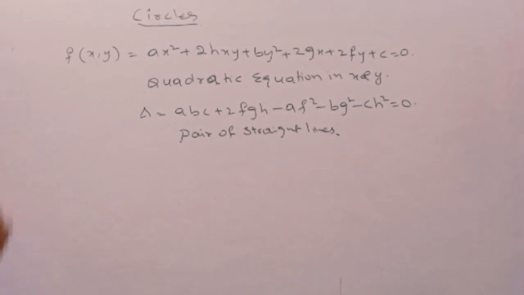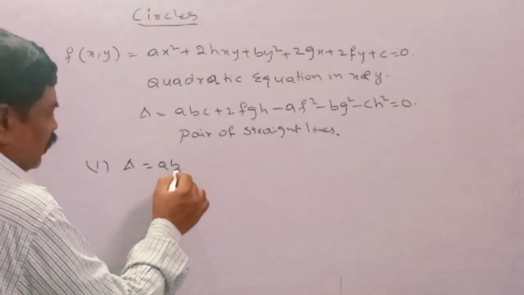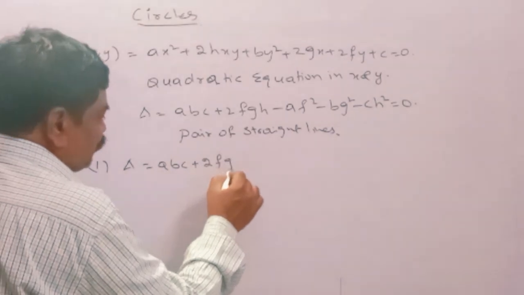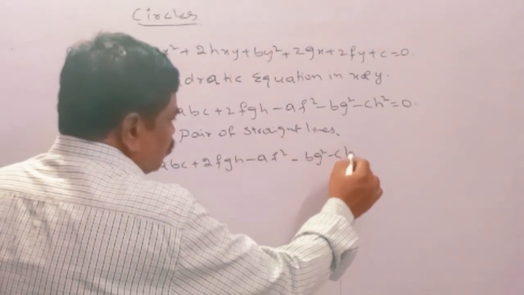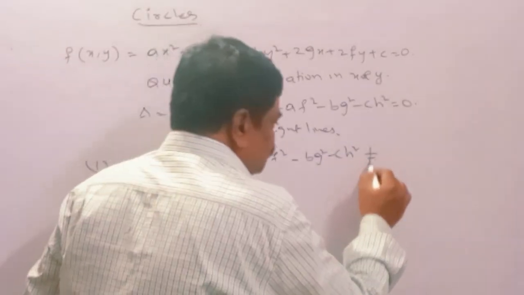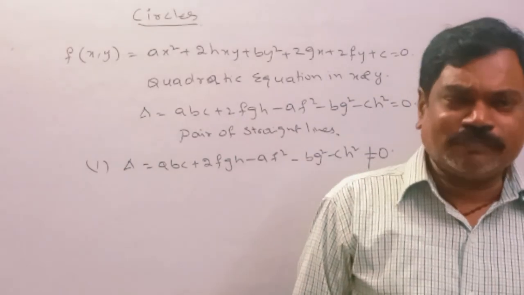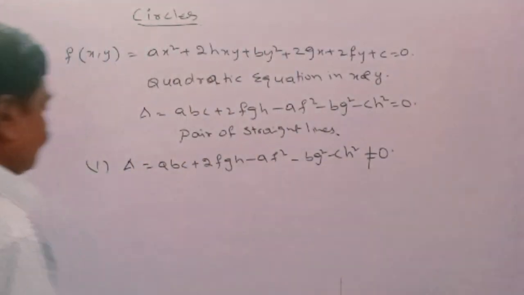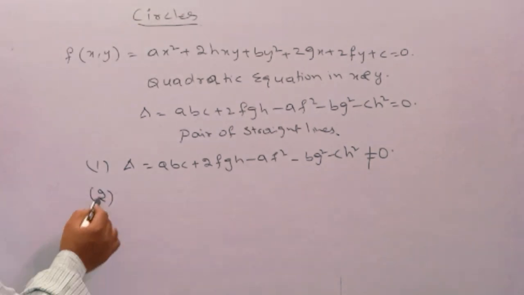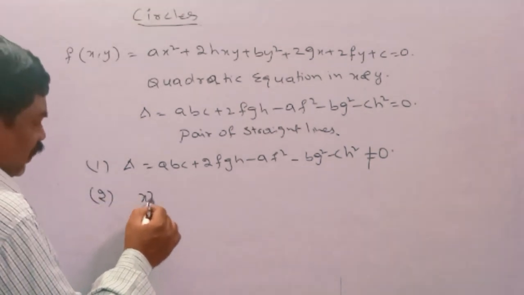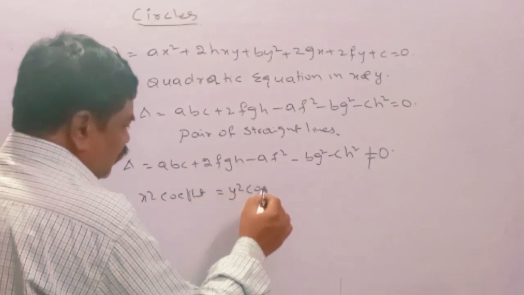Okay, all of you. Then here suppose delta is equal to abc plus 2fgh minus af square minus bg square minus ch square is not equal to 0. It represents a curve. So second one here, the x square coefficient is equal to the y square coefficient.